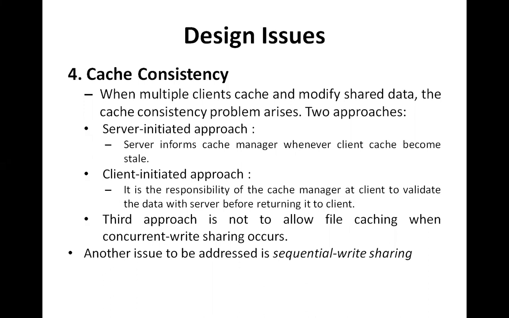So in this approach, the file server has to keep track of the clients who are sharing the file. So when a concurrent write sharing occurs for a particular file, the file server informs all the clients to suspend, to purge their cached data items belonging to that particular file. Or the other method may be that concurrent write sharing can be avoided by locking the files.